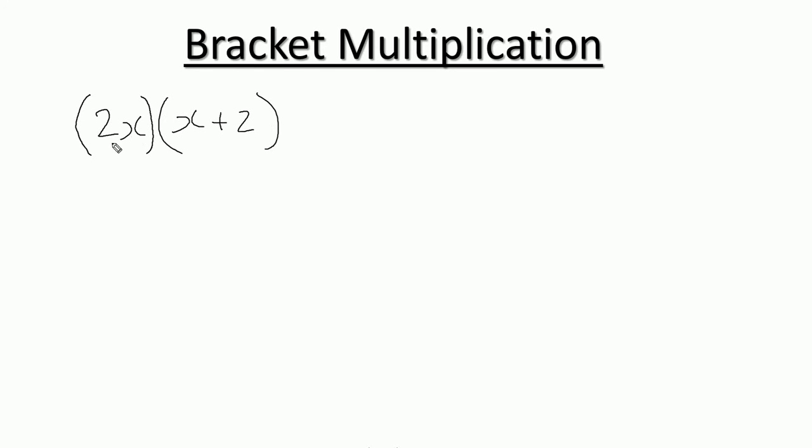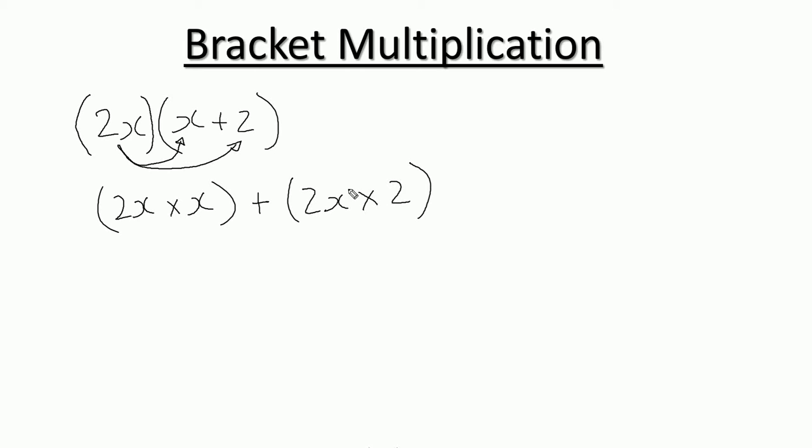There is only one term in this bracket, as we can see, so if we multiply out the first term we will get 2x multiplied by x, and then if we multiply out the second term we get plus, because this is a plus here, 2x multiplied by 2. So that is everything in this bracket multiplied once by everything in this bracket.